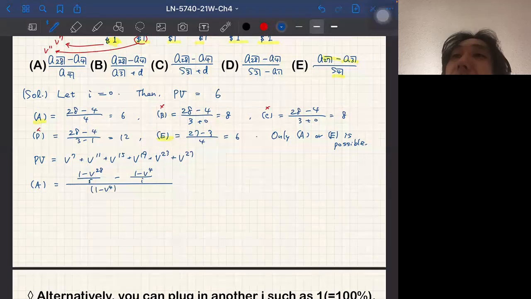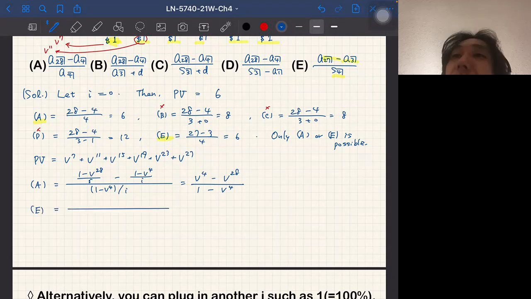The i cancels anyway. So this becomes v^4 minus v^28 over 1 minus v^4. We can simplify it, but maybe we can leave it as is.